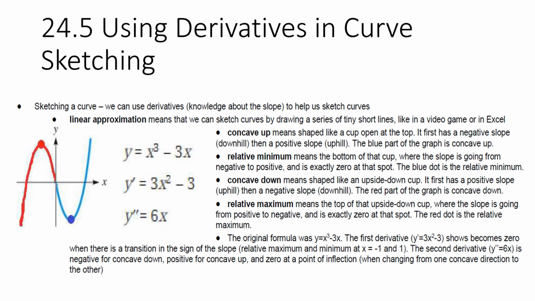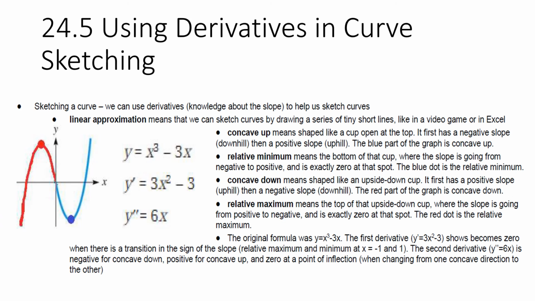So you can see in the red part of the curve, the slope is always getting smaller, even when it's going uphill and then finally flat and then downhill. So the slope is getting smaller and smaller, and more negative. But on the blue part of the curve, you can see that the slope is always getting bigger and bigger. It is negative to begin with, but it's getting less and less negative until finally it's zero, and then starts going uphill, and it goes steeper and steeper.